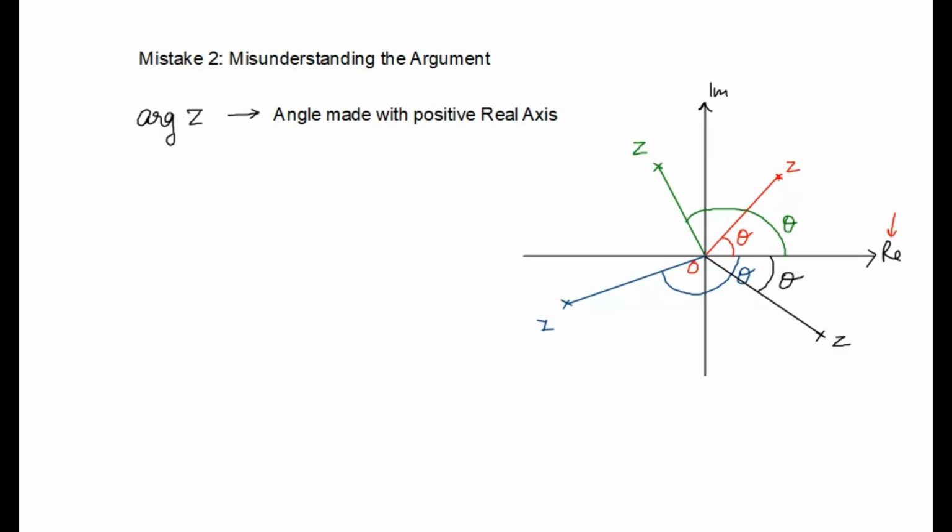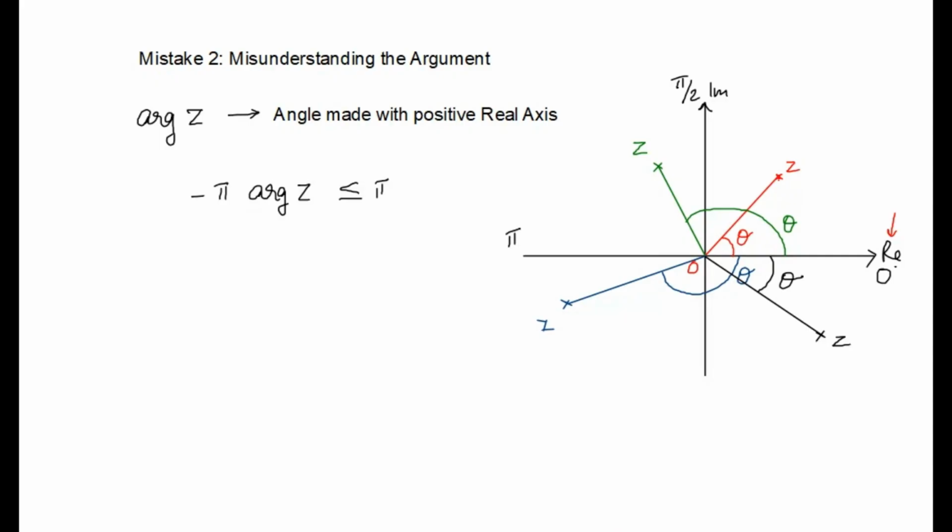Now you have to also keep in mind that according to your syllabus, the argument of z has to lie between pi and negative pi. So if the positive real axis is taken as 0 degrees or radians, then this is pi by 2, and we have pi here.